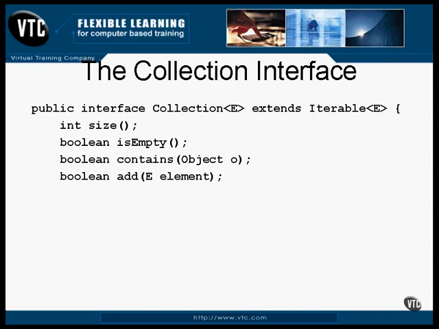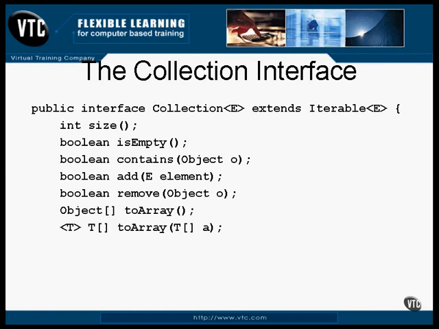The returned value is true only if the element was added. The bottom line, when this method returns, the element is in the collection. This method removes the specified element from the collection. The two array methods extract a list of elements and return it to you as an array. I have some examples of doing this coming up.